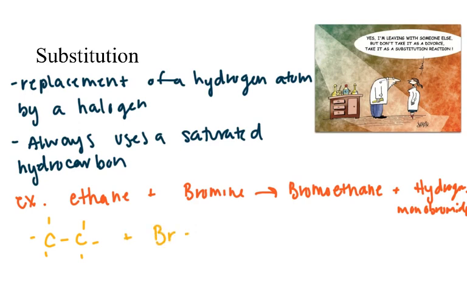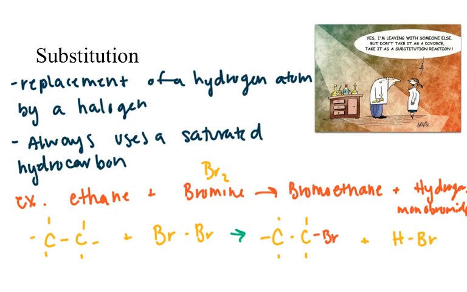Remember that bromine is a diatomic, so it's going to be Br2, so I'm going to draw it like that. And then we get bromoethane as a product. So we start with our ethane, and then we're going to add on our bromine here. And then our final product is hydrogen monobromide, which is HBr.